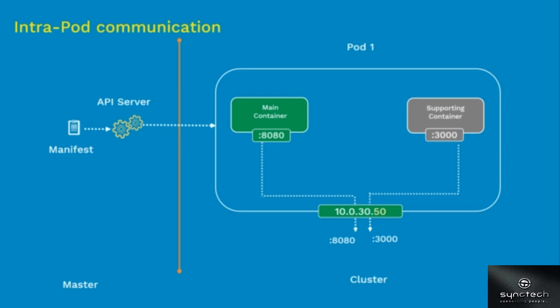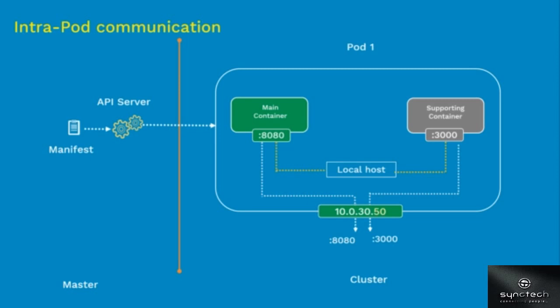Well, inside the pod, if you've got multiple containers in there, they all talk using the shared localhost interface. So all containers can directly communicate with each other's port on localhost. Within the pod, they all share the same IP address and network namespace. And if you need to make multiple containers available to the outside world, then you need to expose them on ports.